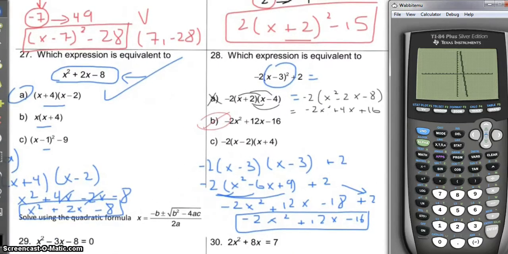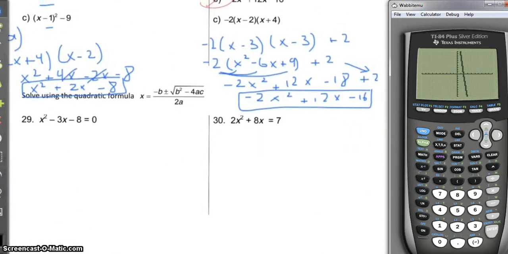Now let's move on to number 29. As you can see, they're asking you to solve using the quadratic formula. If you're asked to do that and you do any other way, it's going to be wrong. So what you need to do is decide what your A is, what your B is, and what your C is. Now this is a calculator question, whether you are pre-AP or academic.